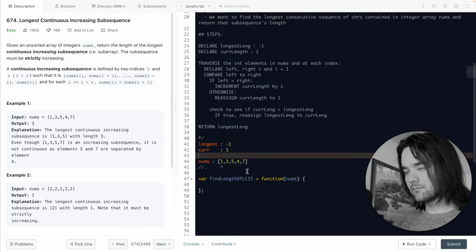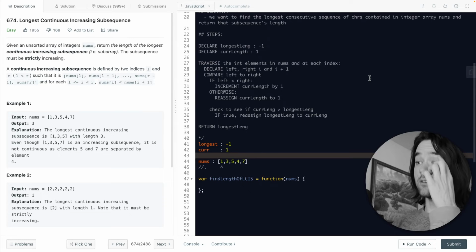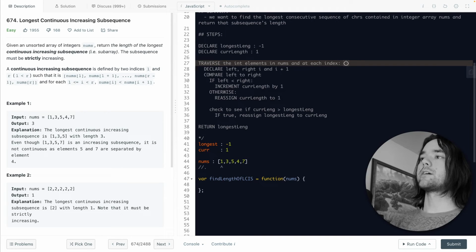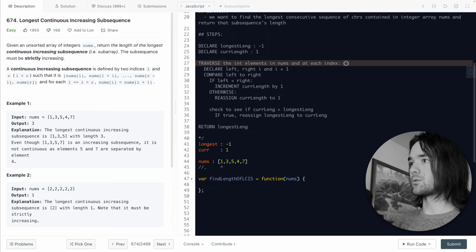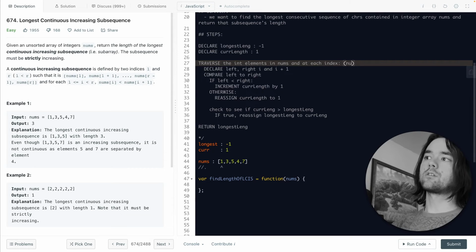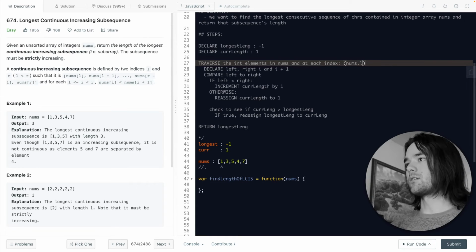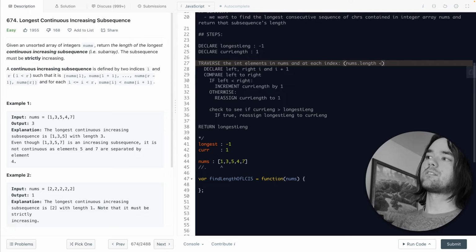So we're going to traverse this array, and we need to remember to traverse this up to but not including the last element. So it would be like nums length. So the ending condition would be that i must be less than nums length minus 1.